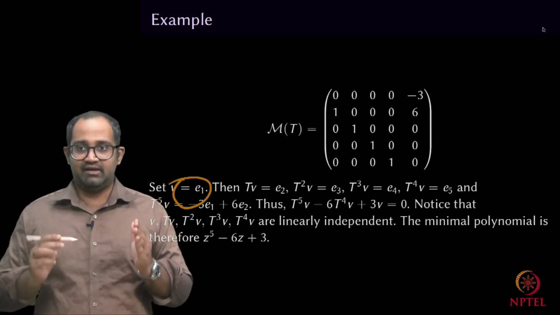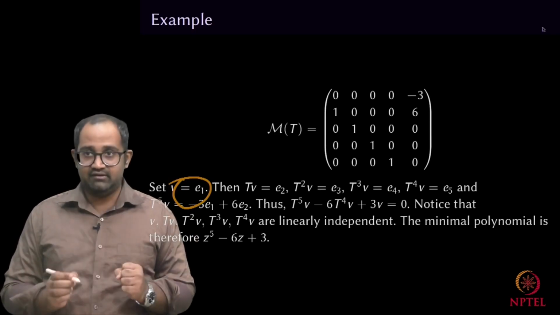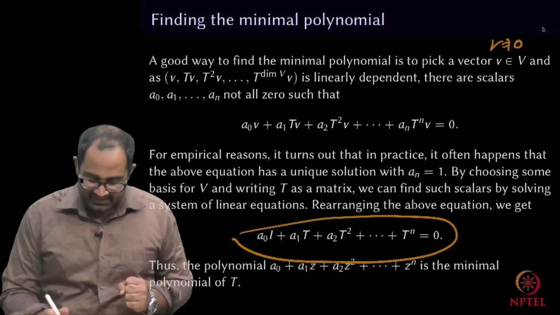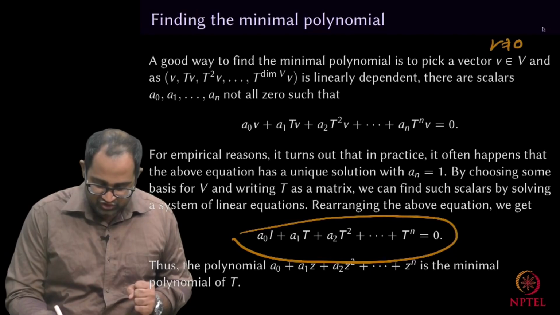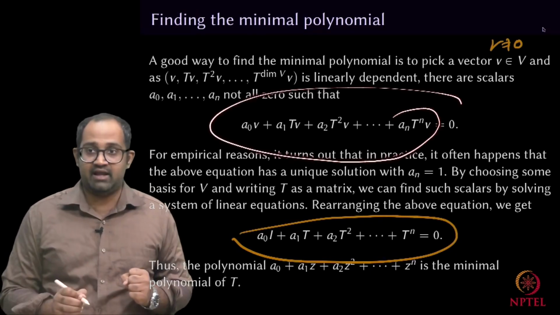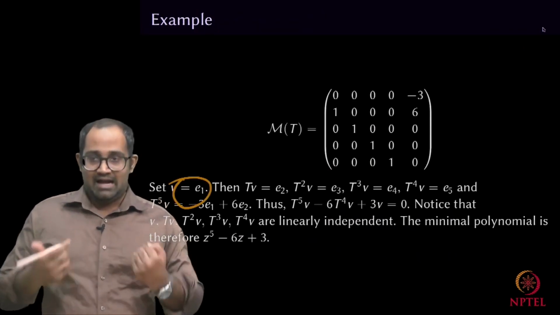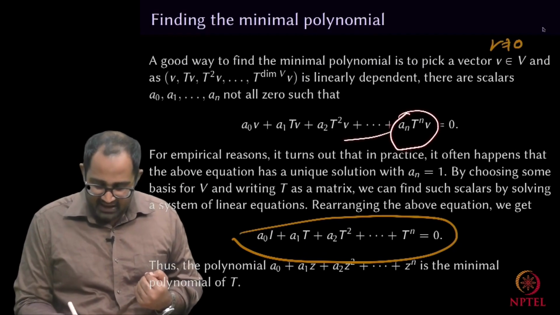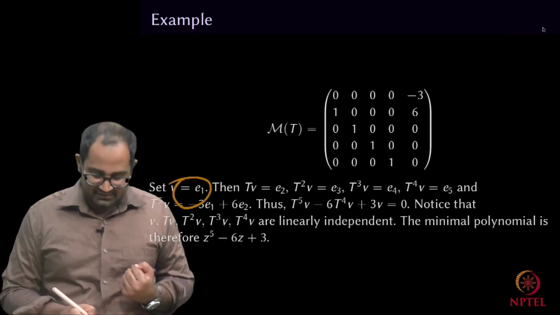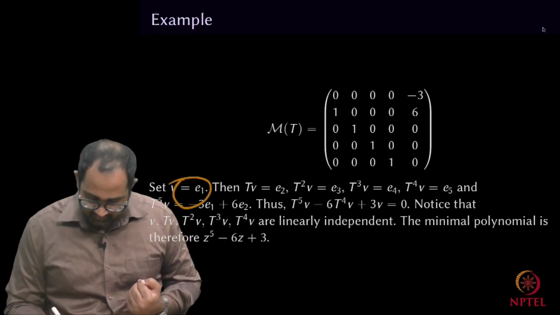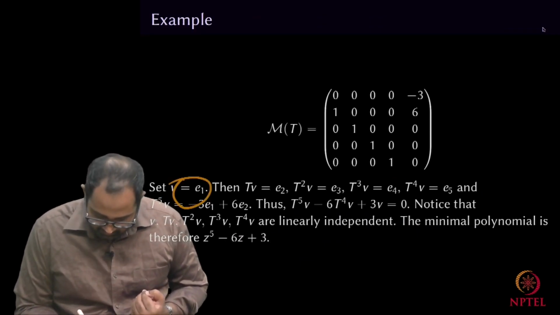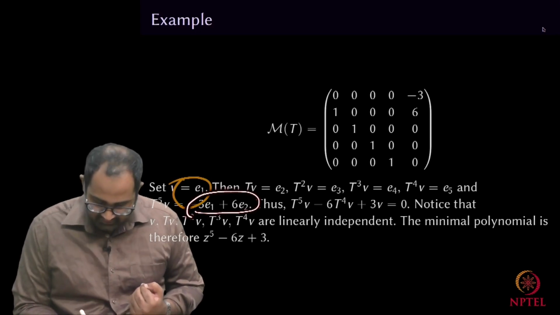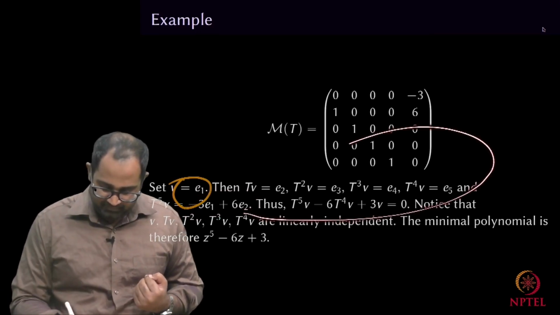Notice the key reason why we want a unique solution for this equation with a_n equal to 1. That just says that this vector is in the span of the preceding vectors. In this case, the vector which is -3e1 + 6e2 is in the span of the preceding vectors.